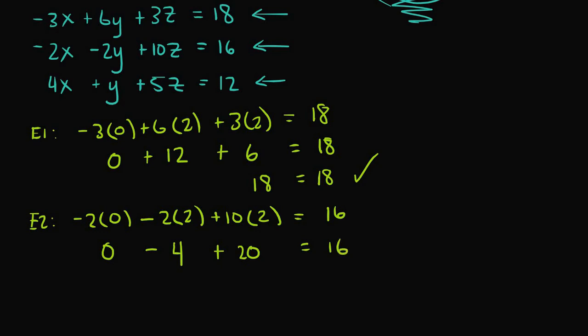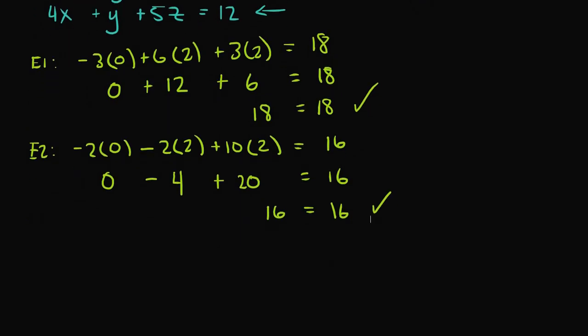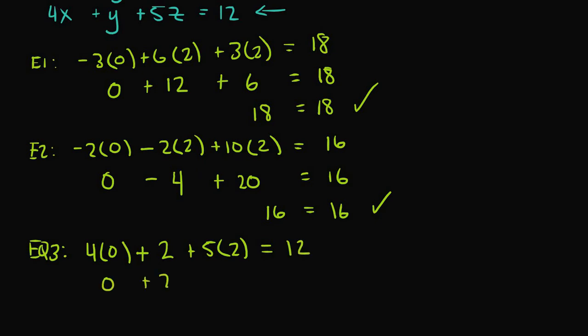Well, negative 4 plus 20 is 16, and that equals 16, so that's good. And finally, our last equation, equation 3, 4 times x, which is 0, plus y, which is 2, plus 5 times z, which is 2, that's equal to 12. Well, 4 times 0 is 0, plus 2, plus 5 times 2 is 10, that's equal to 12. 10 plus 2 is 12, and that equals 12.